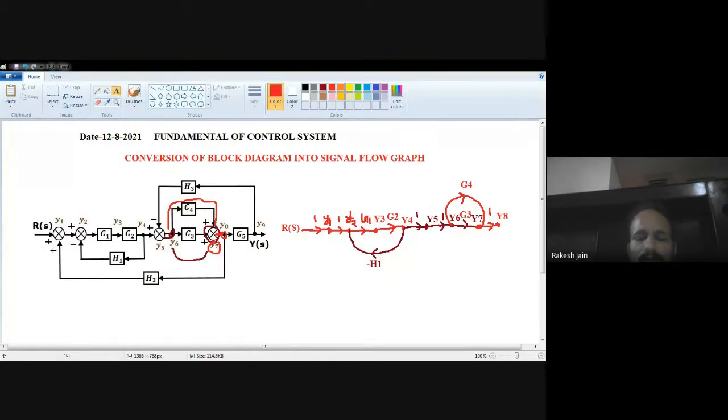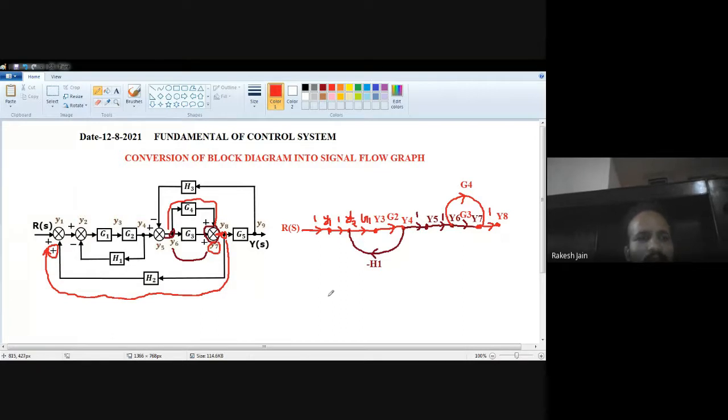In between y7 and y8, there is no block, that's why I just write down the gain as 1. Then see, from y8 towards y1, a gain h2 is given. Now see the block diagram. From this y8 node, a feedback goes into y1, the summing junction, with a positive sign. It means the feedback gain value is h2 with positive sign going into the summing junction, that's why it is plus h2.